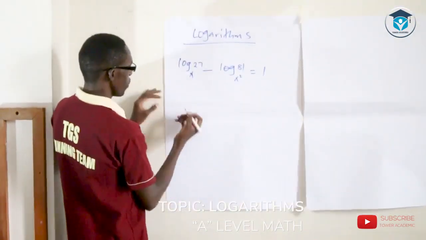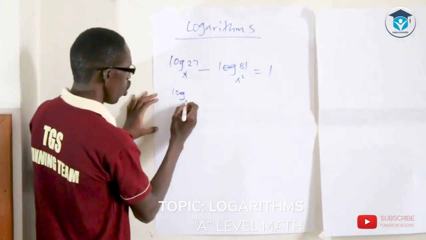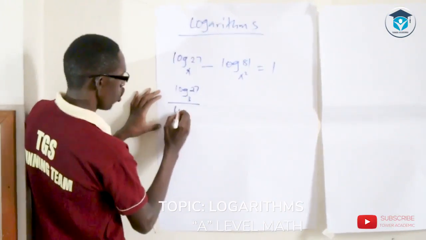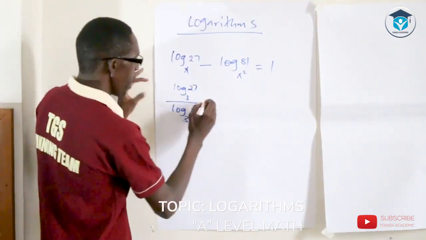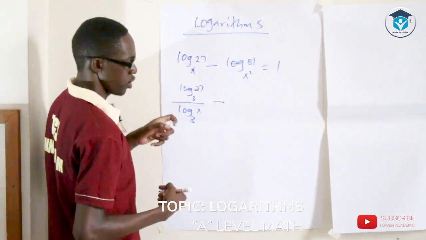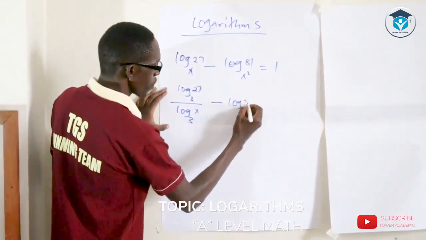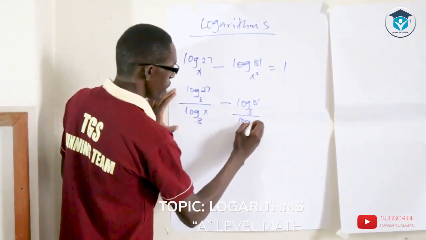Changing from base x to base 3, this becomes log base 3 of 27 over log base 3 of x, minus, because of this minus, I'll also change from this unknown base to base 3, log base 3 of 81 over log base 3 of x squared.